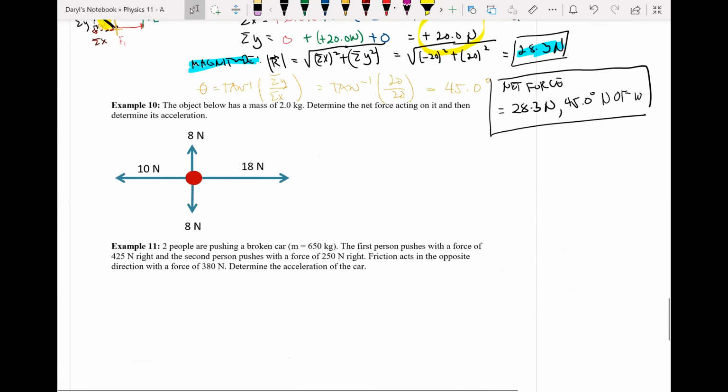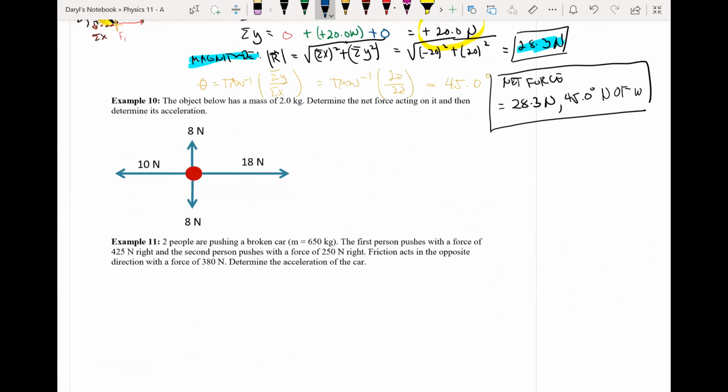Okay, so I'm gonna give these two examples here as your homework. And this is due on Tuesday. Okay. So submit it in the Google Classroom.